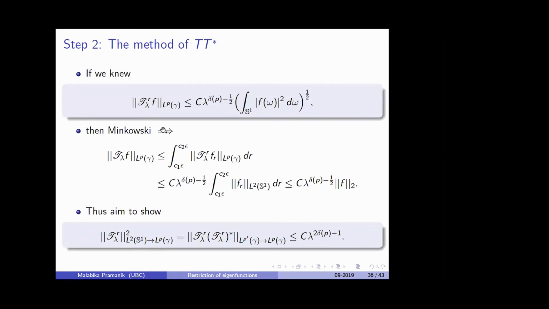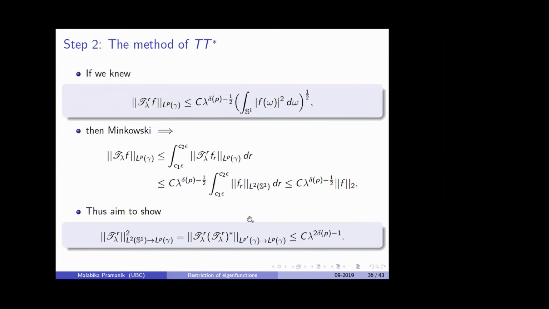If we knew that these fiber integral operators were bounded from L2 of the circle to LP of the curve, then by Minkowski's inequality, I could transfer the LP norm inside the integral and obtain an operator norm of T lambda by integrating the operator norm of the fibers. Thus, the goal is to show that such an L2-LP operator norm satisfies the claimed bound.